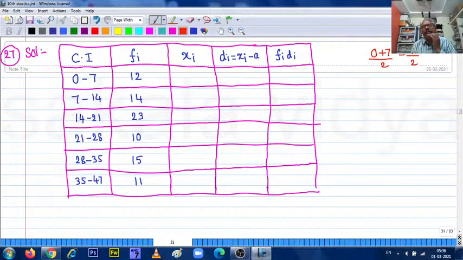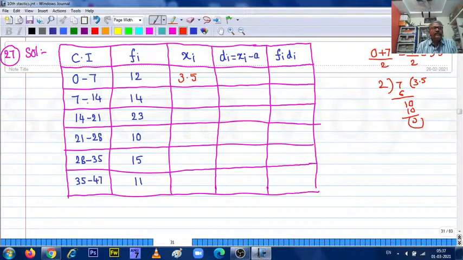That means lower limit of the class plus upper limit of the class divided by 2, the average of lower limit and upper limit is xi. 7 by 2 is equal to 3.5. 7 minus 0 is 7, class size is 7, go on adding 7 and you will get the mid values of the respective classes.